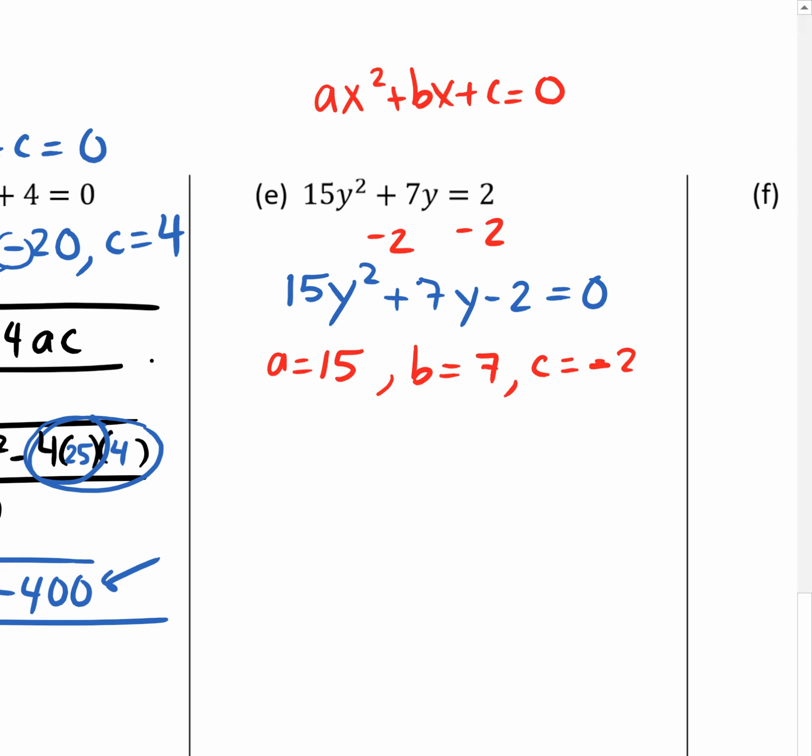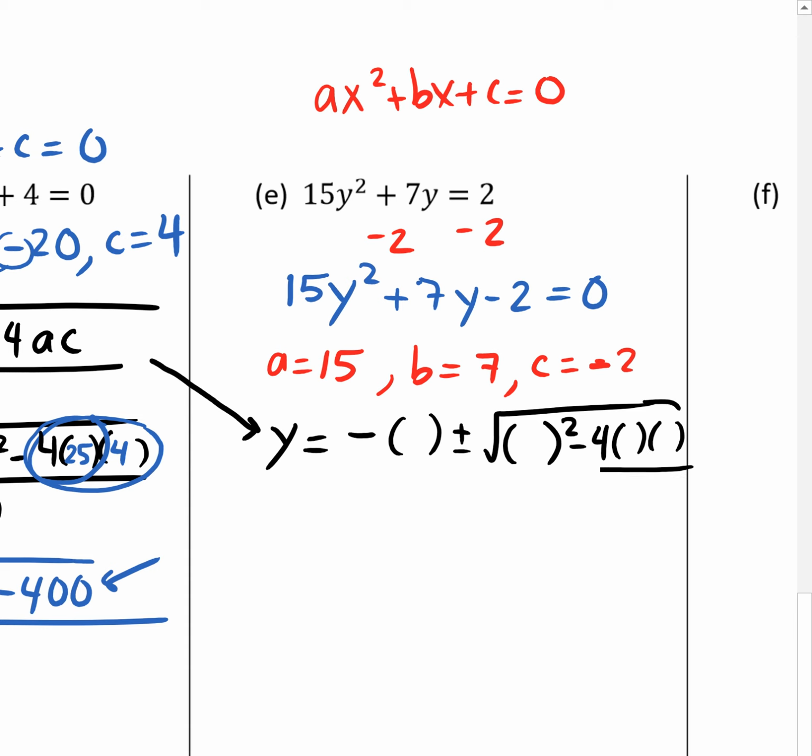Since I have the formula right next to this problem, I'm ready to just substitute things in. y equals negative b plus or minus the square root of b squared minus 4ac, all over 2a. Alright, so I got b was 15. Oh wait, whoops. b was 7.